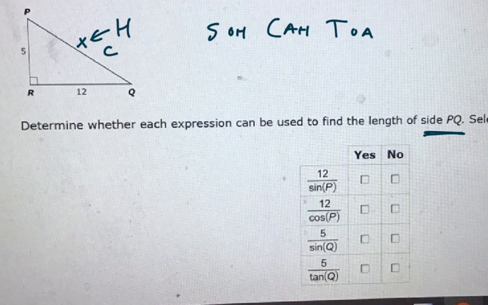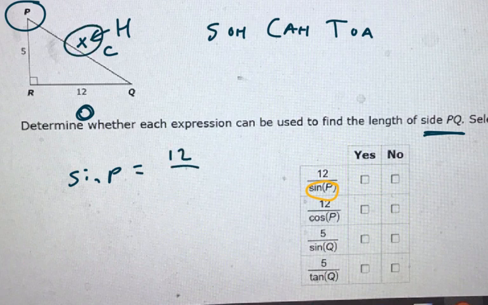So, the first one, notice, is asking about using the sine of P. Well, the sine of our angle P up here is the opposite 12 over the hypotenuse, which is x.